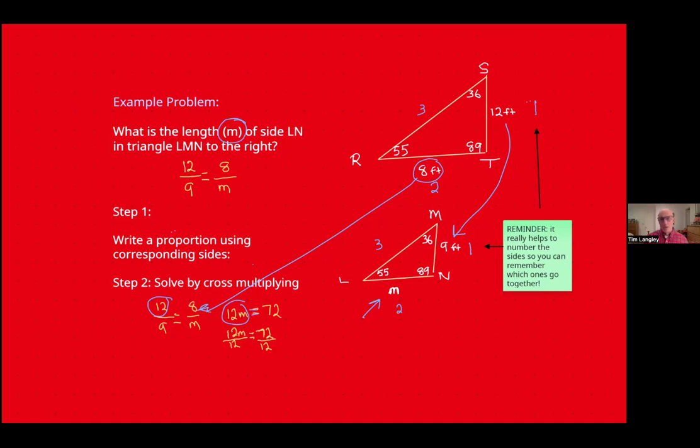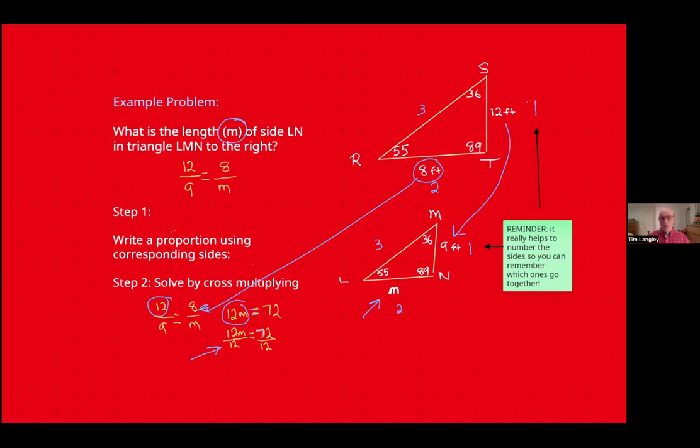If I divide the side on the left by 12, which is what I've written here at the bottom, I have to do the exact same thing to the other side. Whatever operation I do to one side, you have to do to the other side. So I'm going to put 12M over 12 equals 72 over 12.